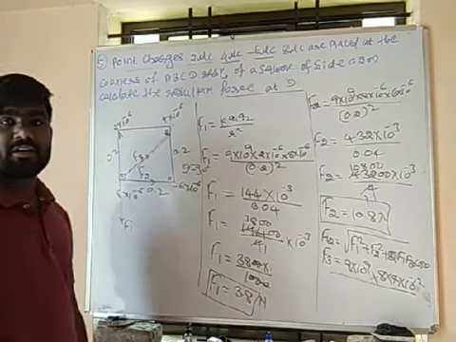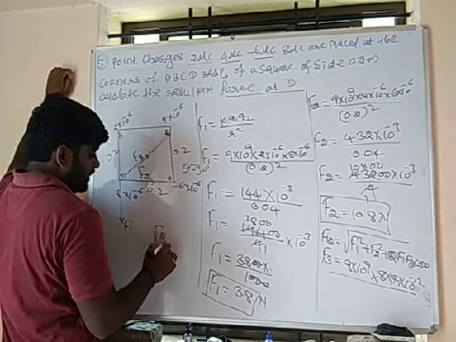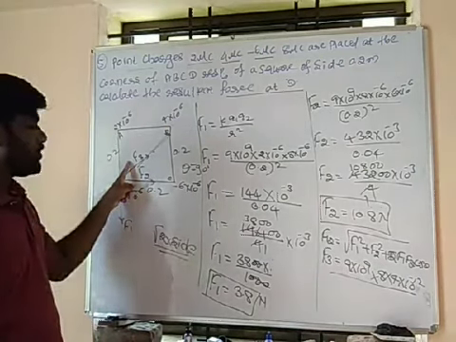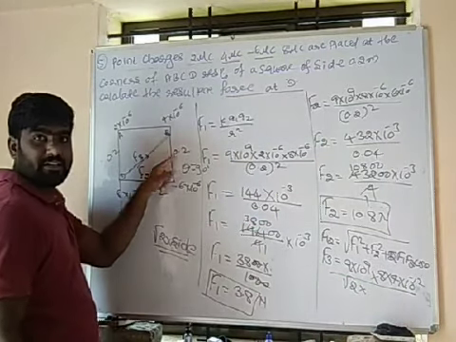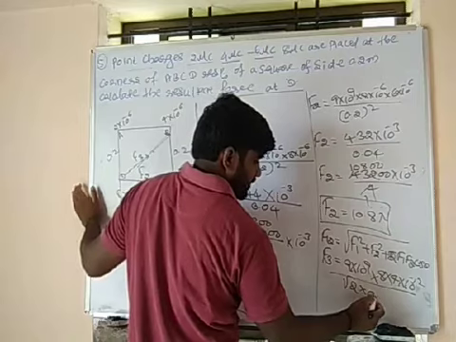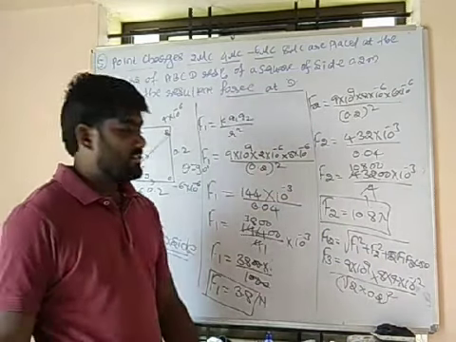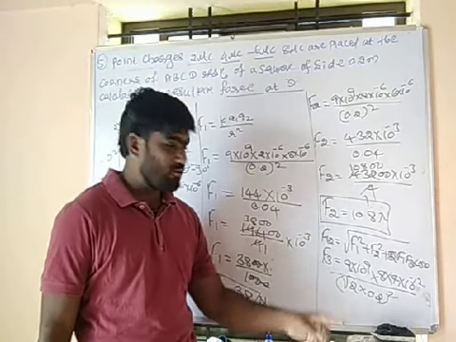It is very important here. What I told, root 2 into side. Root 2 I am writing as it is, into side will be 0.2 whole square. Just calculate F12 whole square, F12, then what to do?